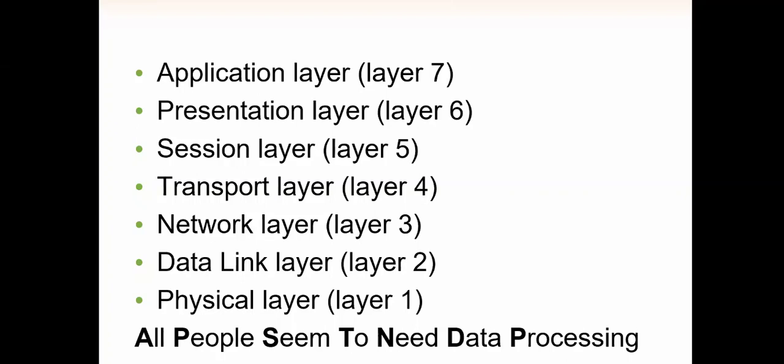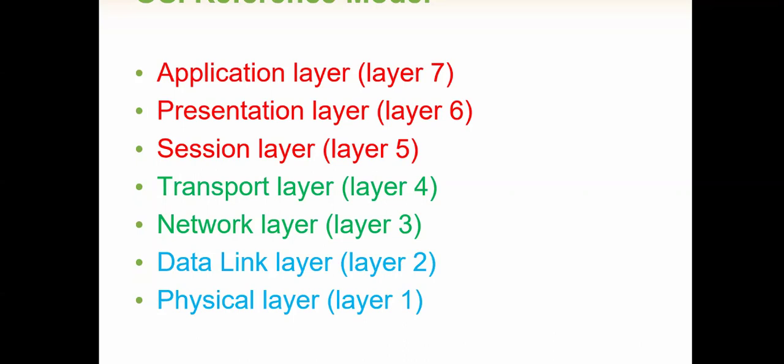Now, this same OSI layer, look at the OSI layer, which I've now colored into 3. Why? The 7 layers are now put into 3 categories.